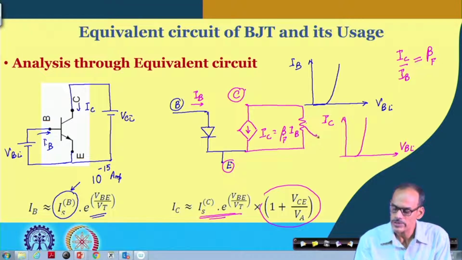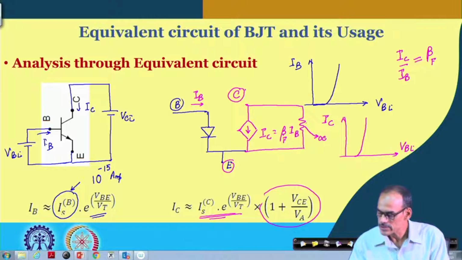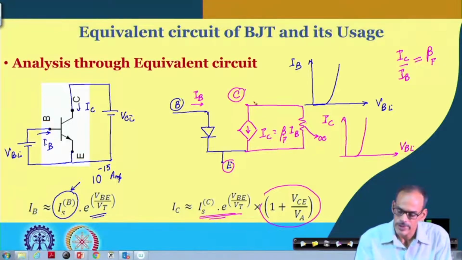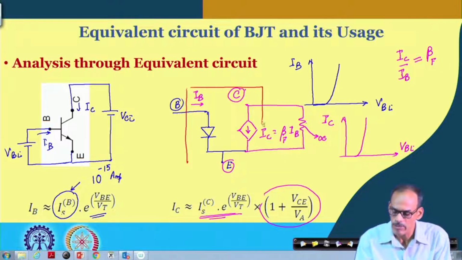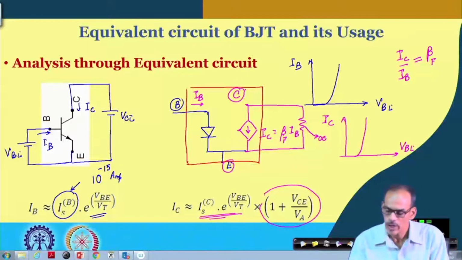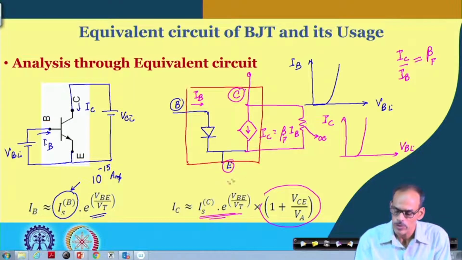We assume that this resistance is, quote unquote, going to infinity, and we may ignore it. The remaining things fairly represent the device characteristic. So, this is our main model of the transistor, and we do have the collector terminal here, the emitter terminal here, and the base terminal here.